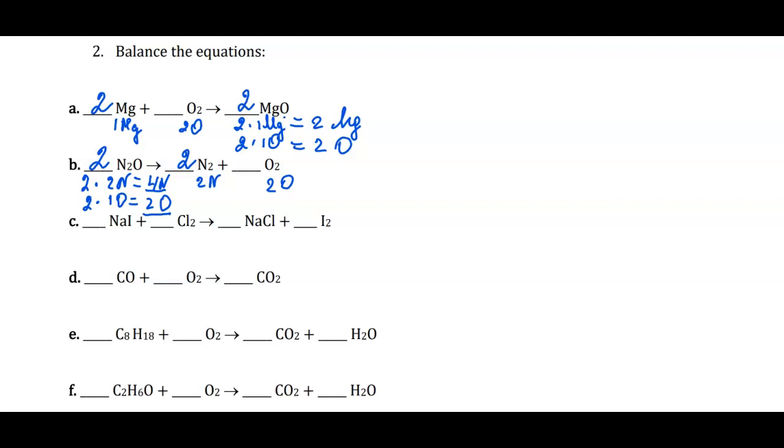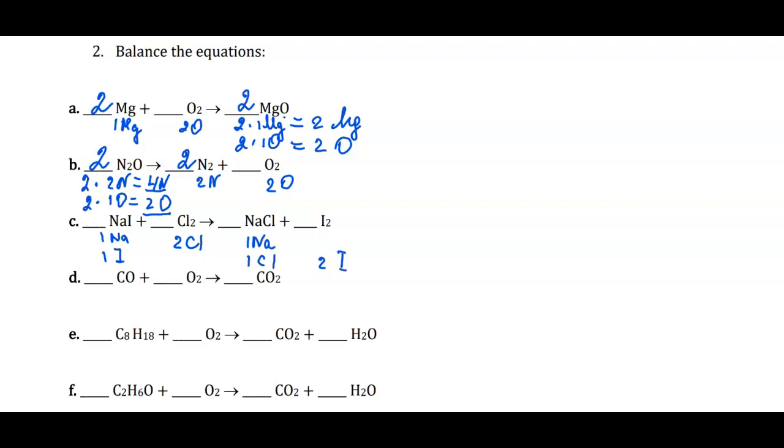NaI and chlorine react, so sodium iodide reacts with chlorine gas and gives us sodium chloride, table salt, and iodine, right? So 1 sodium, 1 iodine, 2 chlorine, 1 sodium, 1 chlorine, 2 iodine.